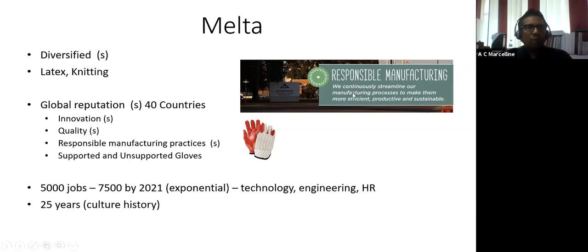Yeah. So Melta is diversified. In my view, that's a strength, because you are not putting all your eggs in one basket. You have a related diversification as well as an unrelated diversification. You've gone into hotels, and also into a plantation where you are backwardly integrated.